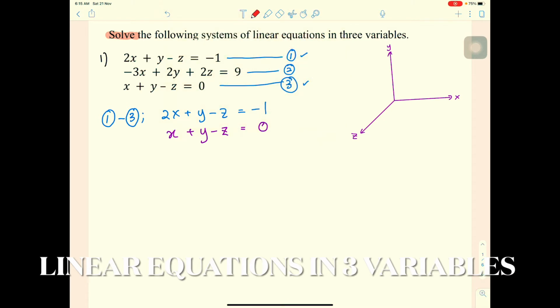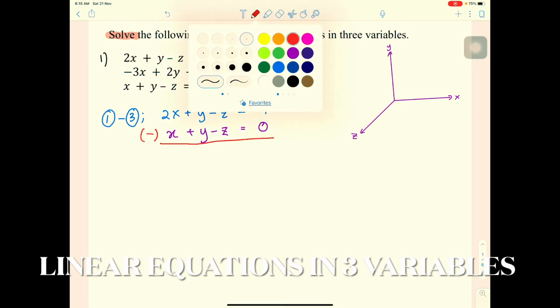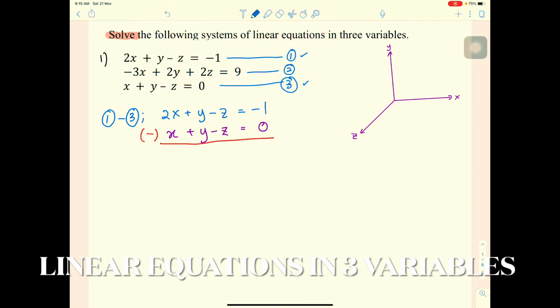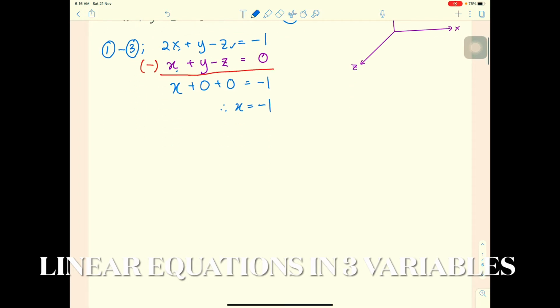The operation between these two equations is subtract. 2x minus x equals x, y minus y is 0, and minus z minus negative z is 0, and -1 minus 0 equals -1. So therefore, straightforward, you get the value of x equals -1.